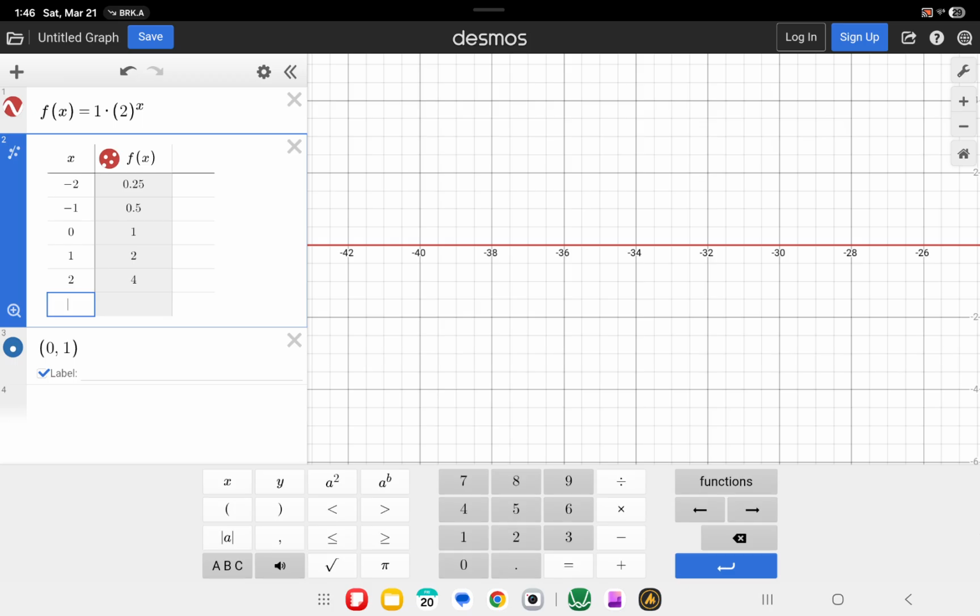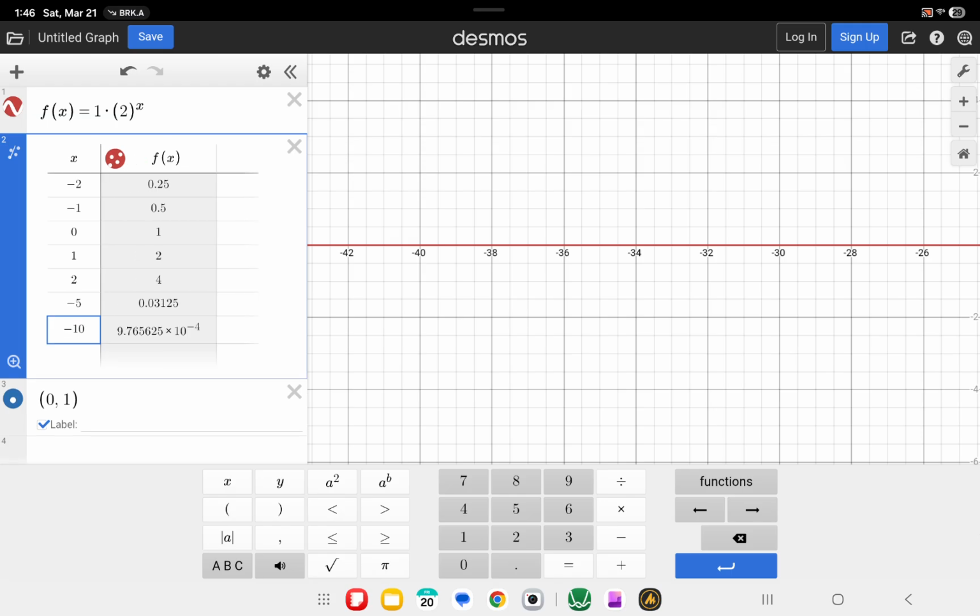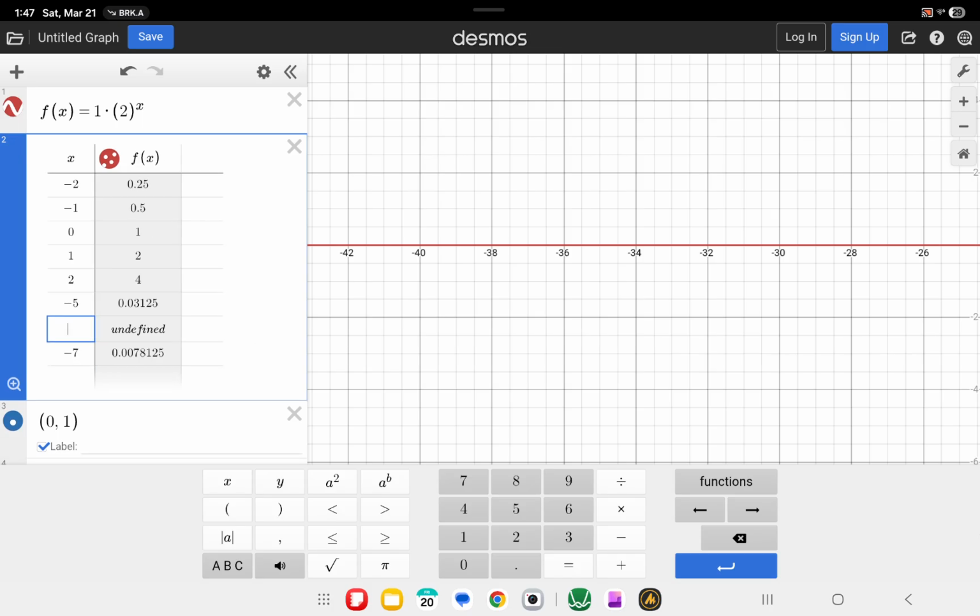So I'm going to put in some numbers over here. This is one of the reasons I absolutely love Desmos, because I can put in different numbers. I'm going to put in like -5, -10. Okay, what if I put in -7?